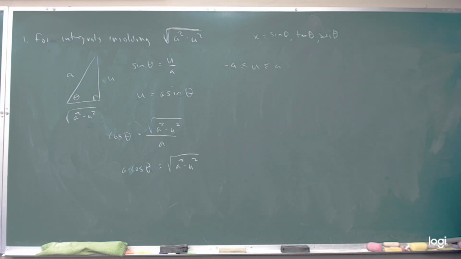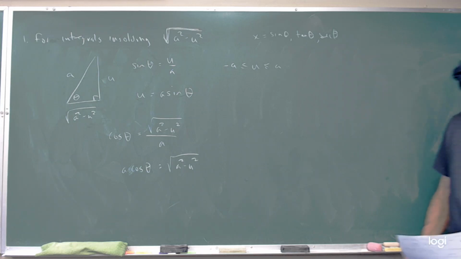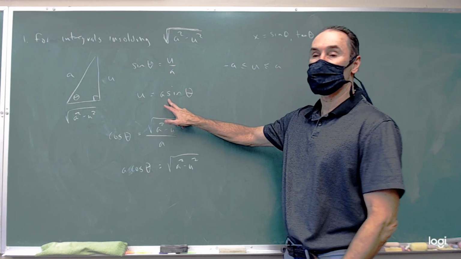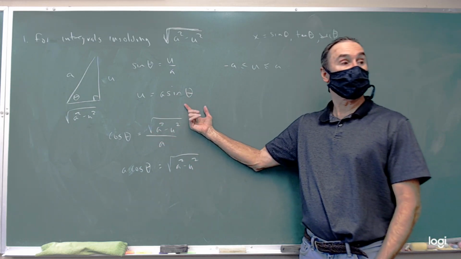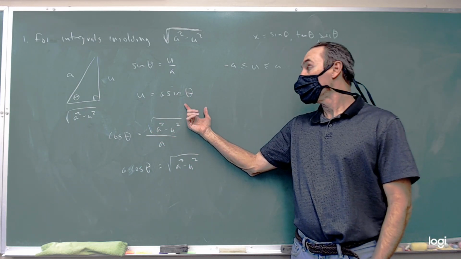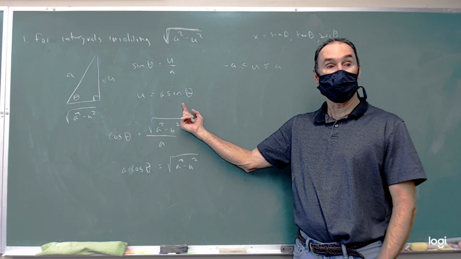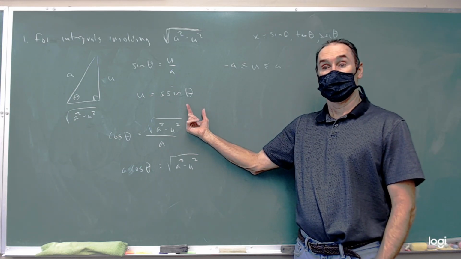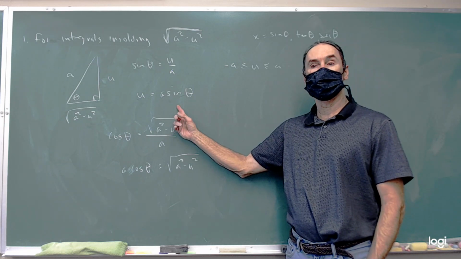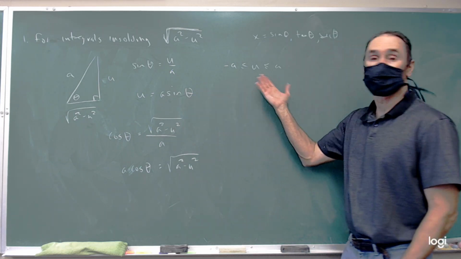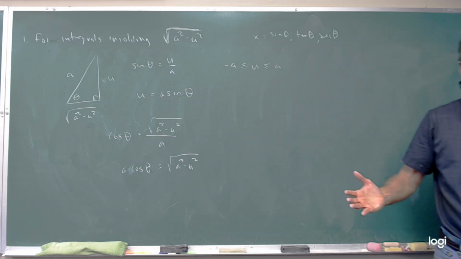Does that make sense? And if we're saying u is equal to a times sine theta, that's a perfect match. Because the biggest sine can be is 1, which would mean the biggest this could be is a times 1. And the smallest sine can be is negative 1, which means the smallest u could be is a times negative 1. So it's exactly what we want. So that's a great substitution.